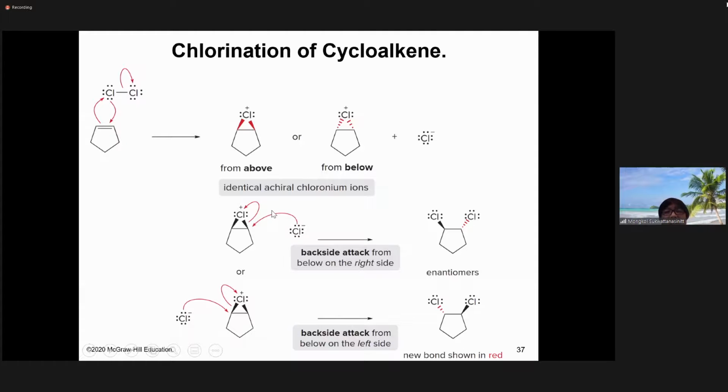The second chloride has to attack from the opposite side of the first chlorine, so you get the trans isomer. You get both compounds, which are enantiomers, so you get a racemic mixture of these trans products.